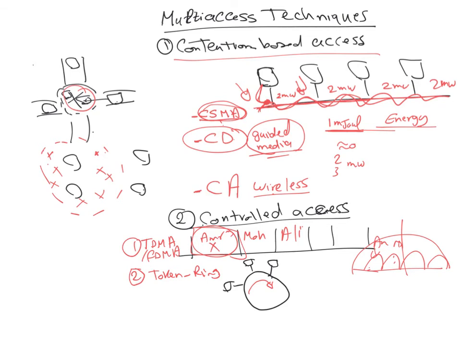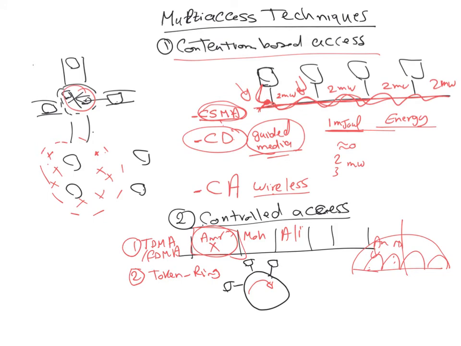So this is not to say that controlled access is always better than contention-based access. We cannot say that, it depends on so many factors. That's why both controlled access and contention-based access are used in data networks almost equally, because depending on the application, you might want to use controlled access or you might want to use contention-based access. So this is not to say that the performance of one is better than the other all the time.